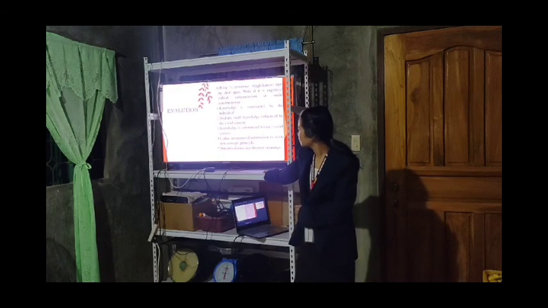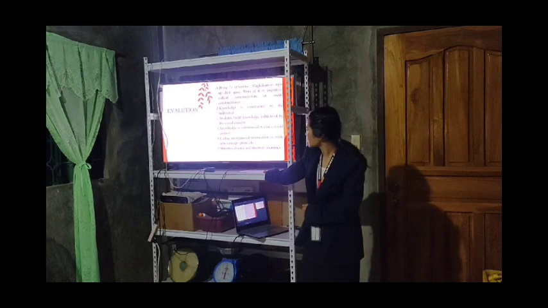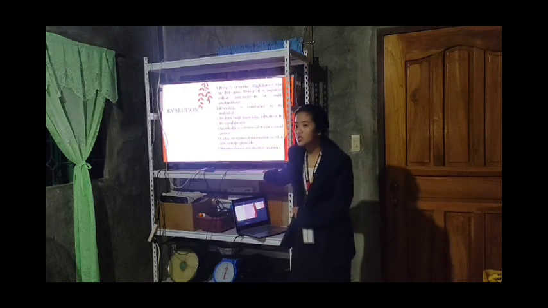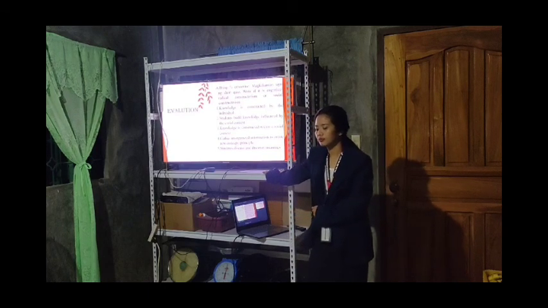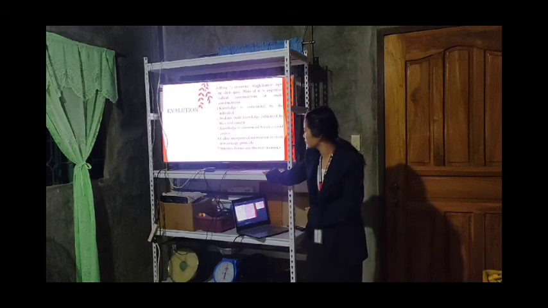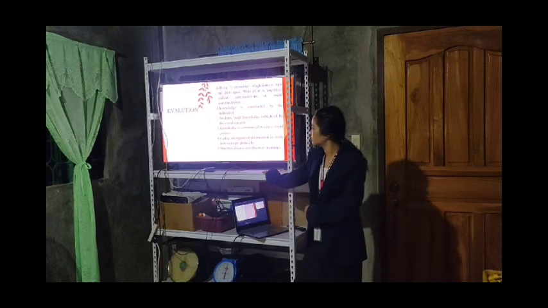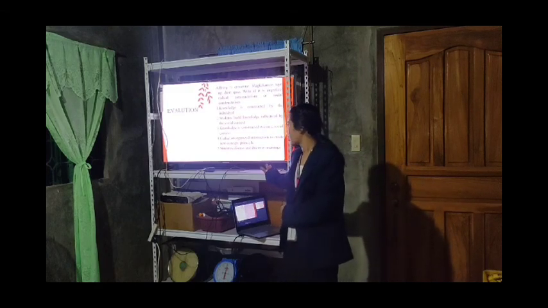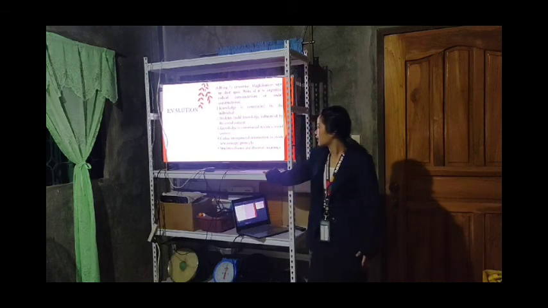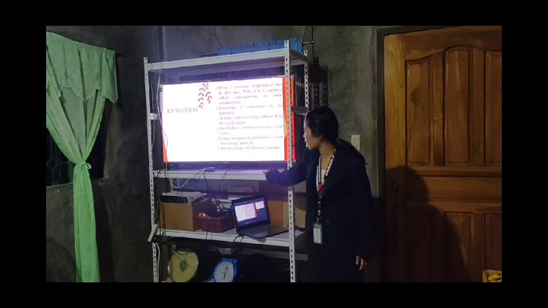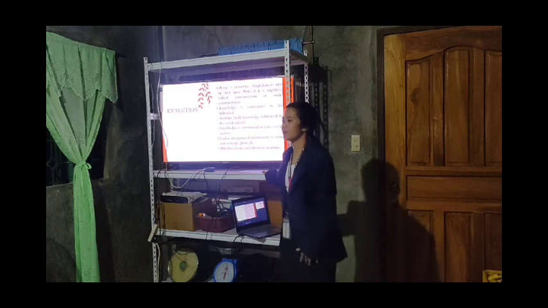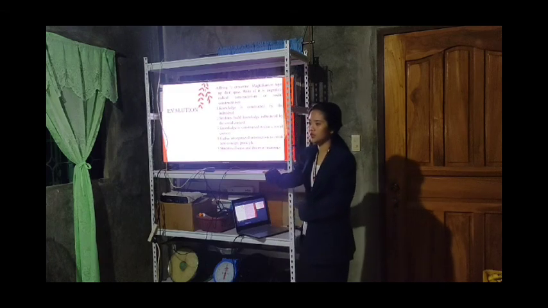Number 3, knowledge is constructed within social context. Is it cognitive or radical or social constructivism? Number 4, gather and organize information to create new concept or principle.